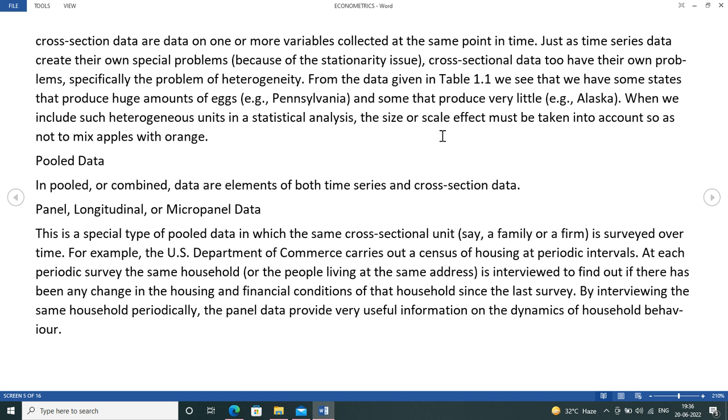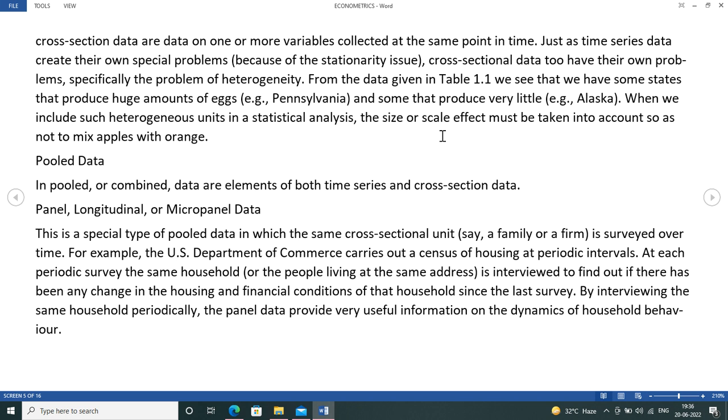Panel, longitudinal or micro panel data is a subset, a special type of pooled data, where you consider only a particular cross-sectional unit across the time period.